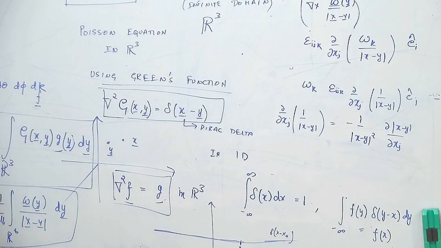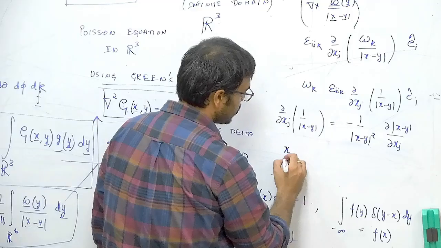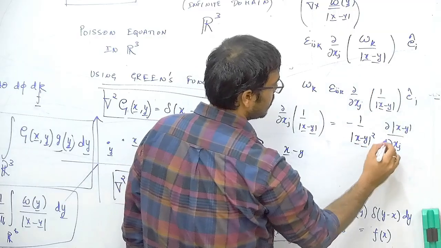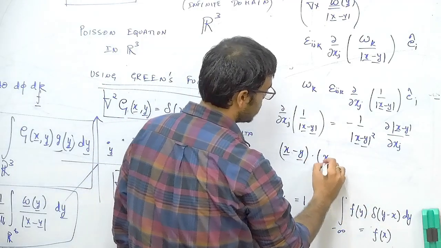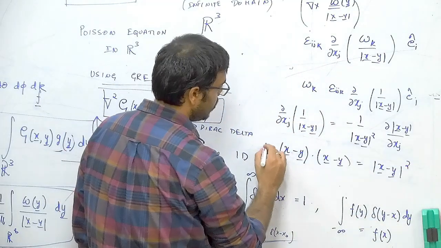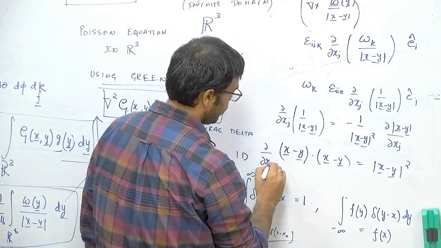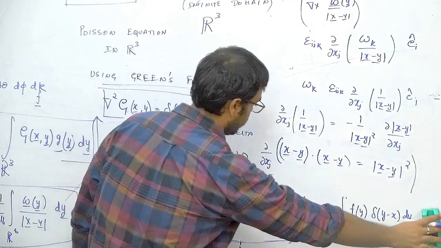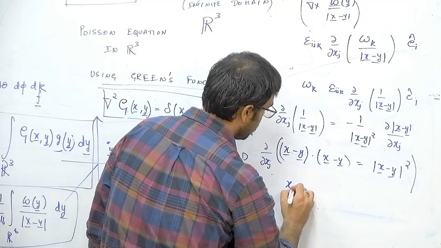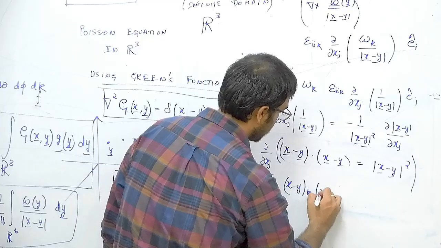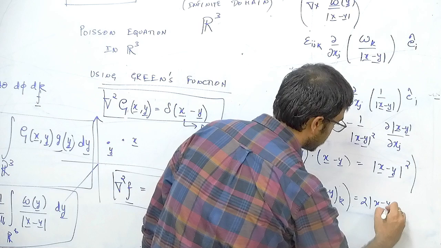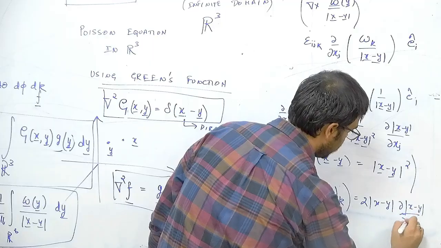Since x and y are vectors, mod x minus y squared is x minus y kth component times x minus y kth component. Differentiate the whole equation with respect to x j: del by del x j of that equals 2 mod x minus y del mod x minus y by del x j.